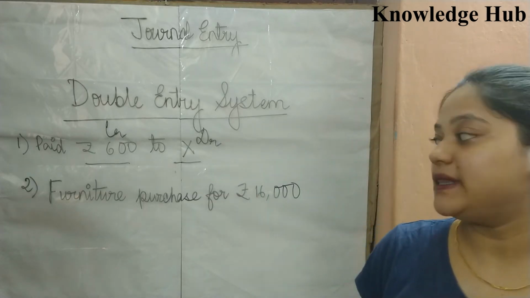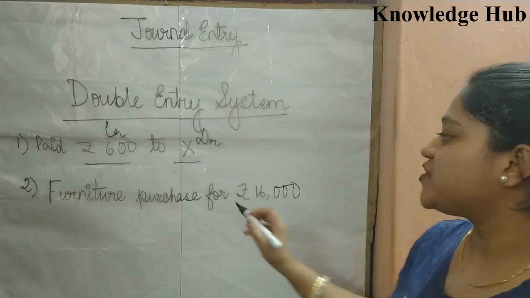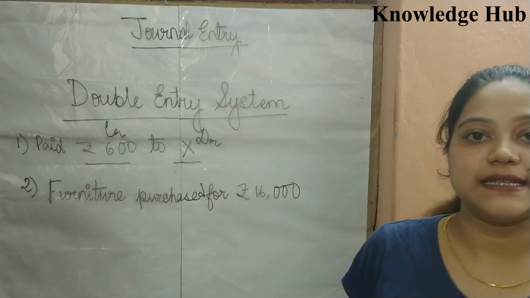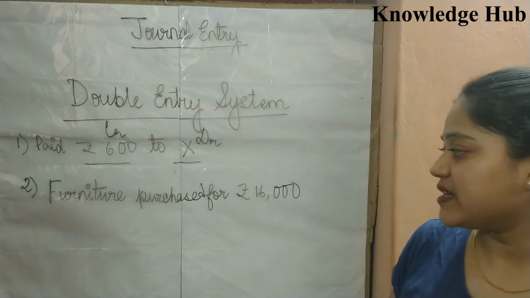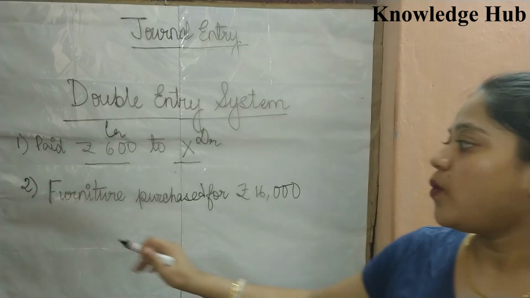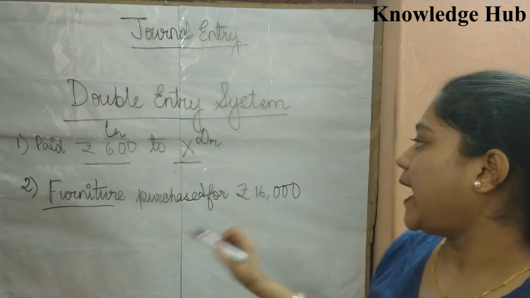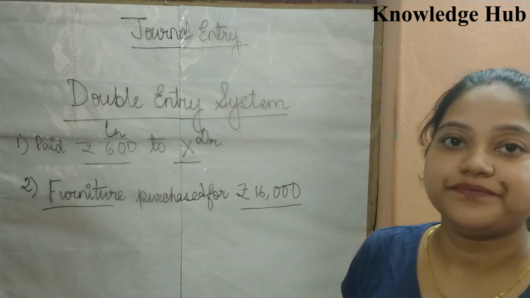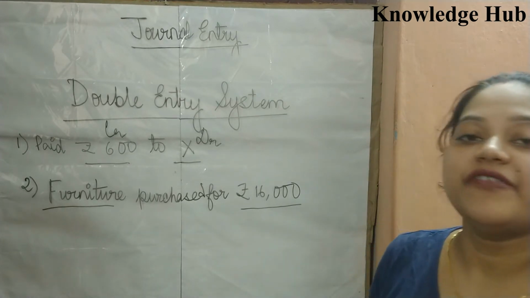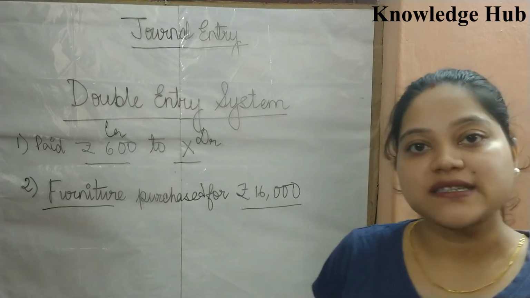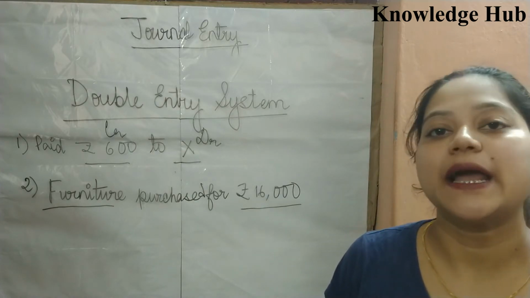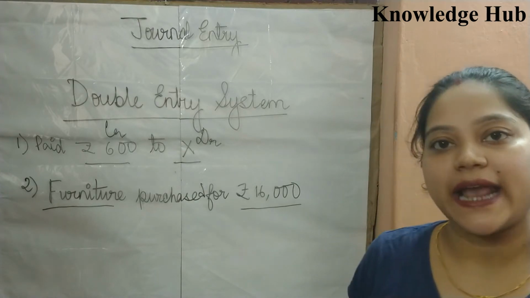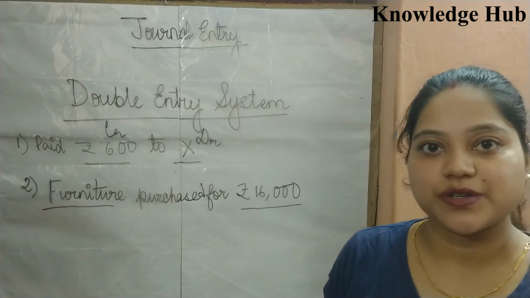So, the next example is furniture purchased for rupees 16,000. What are the two accounts involved in this? One is the furniture and the other is the amount of money. Furniture is an asset, that's a real account, it can be measured in terms of money, and cash is also a real account.